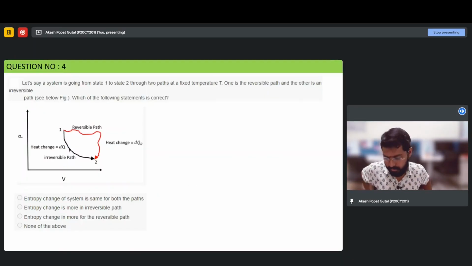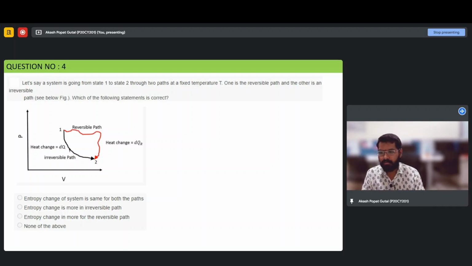So question number 4. Let's say a system is going from state 1 to state 2 through two paths at a fixed temperature T. One is a reversible path and the other is an irreversible path. Which of the following statements is right? Entropy change of system is the same for both the paths.